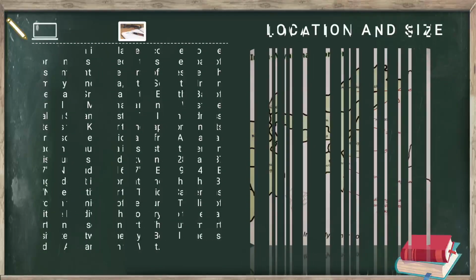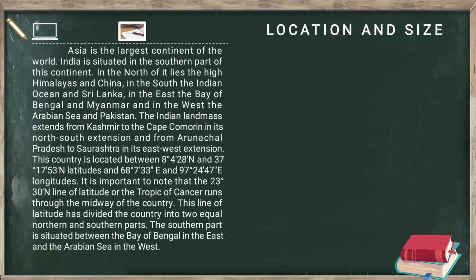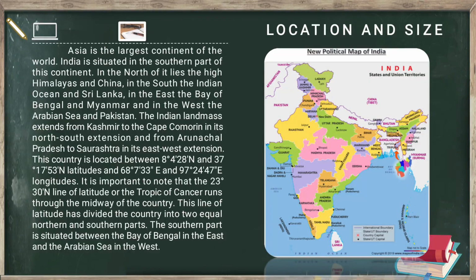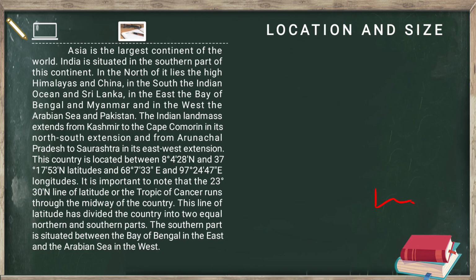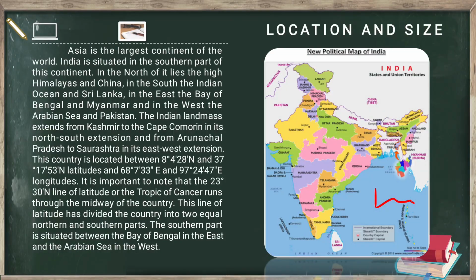So this is the complete map of India. In the east, we have this bay. This is the Bay of Bengal, and then this is Myanmar. In the north, we have China, and then the Himalaya.